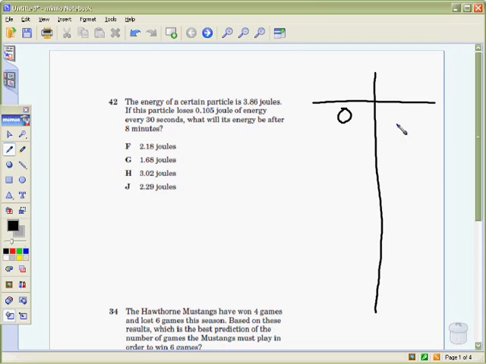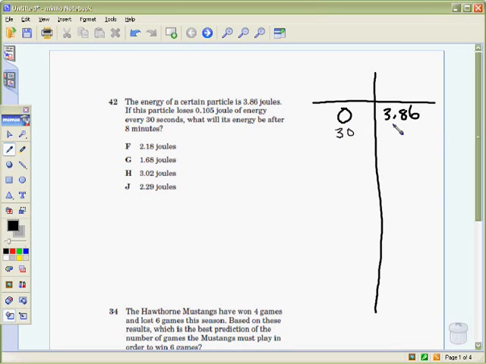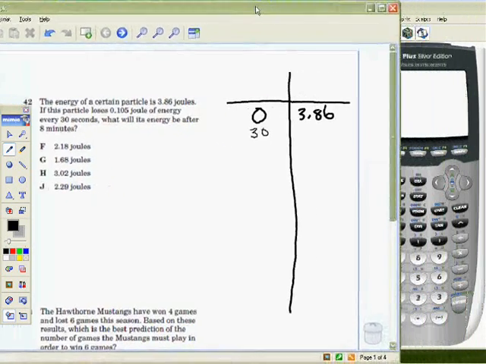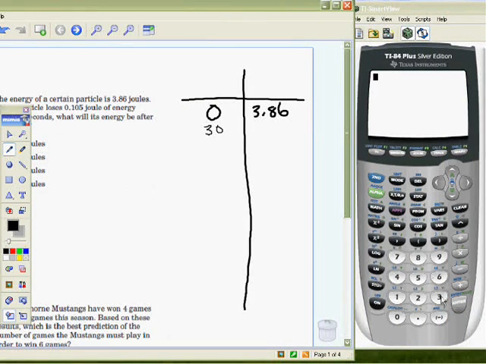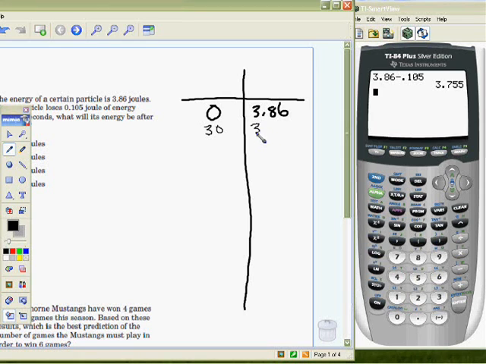If at 0 minutes, or when we start, there is 3.86 joules, then 30 seconds later we reduce that by 0.105 joules. So 3.86 minus 0.105, and now I have 3.755 joules remaining.